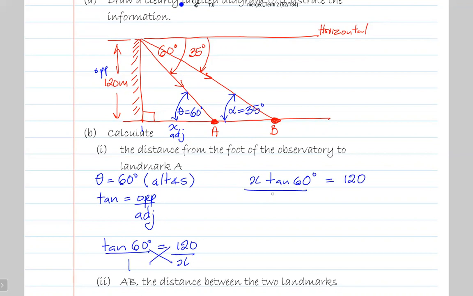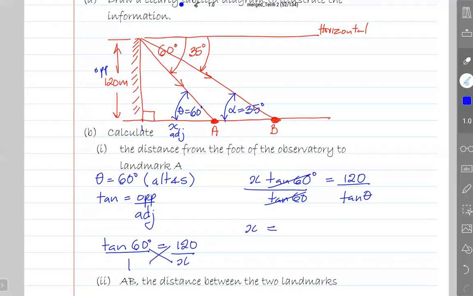Divide both sides by the tangent of 60 degrees. So what I'm left with is just X. So x would be equal to 120 divided by the tangent of 60 degrees.